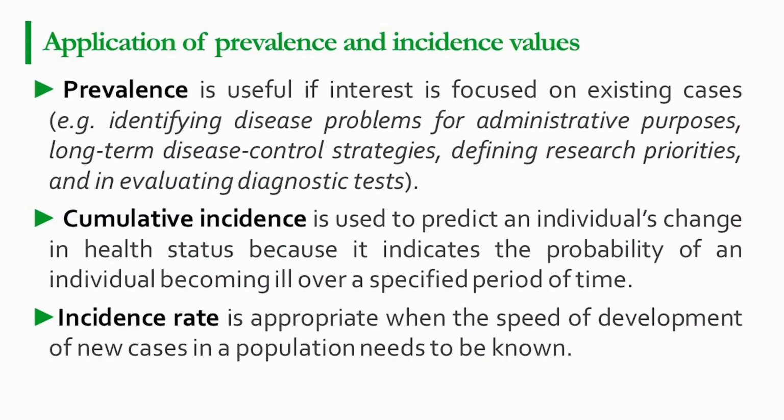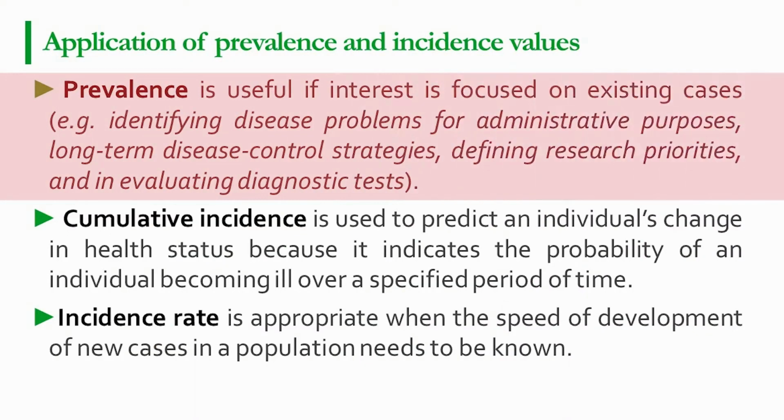The prevalence value is usually used mainly for existing cases, and for identifying disease problems for administrative purposes, because it is a measure of the burden of the disease, and so it tells us how much of a disease is there. And therefore it's used for long-term disease or evaluating control strategies or defining further research priorities.